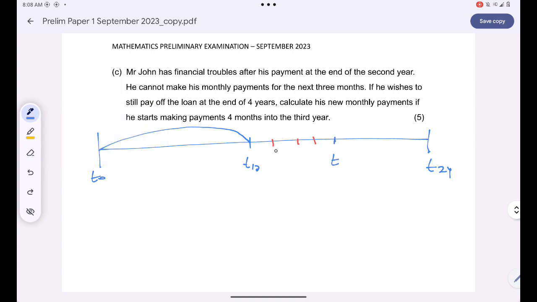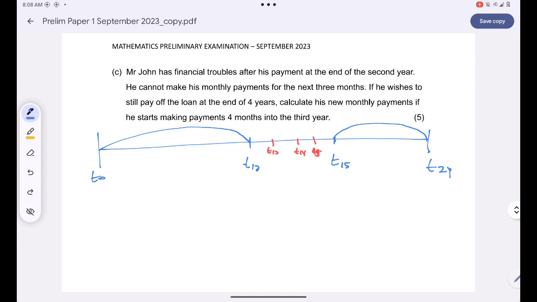So he missed payment number, let me write them in red, payment number 13, payment number 14, and number 15. But he will start paying back the amount of money by the 15th payment. So the amount of money will just move from here to there.